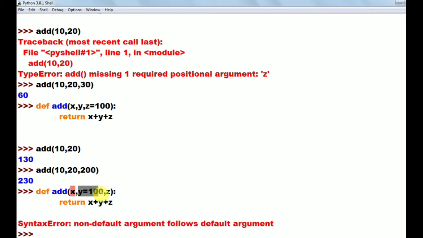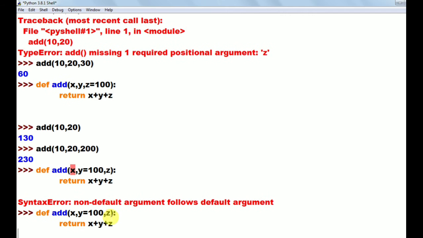After a default argument we must define default arguments only. For example, I am writing like this, giving z value as 200. Now no problem, you can write like this, check here.